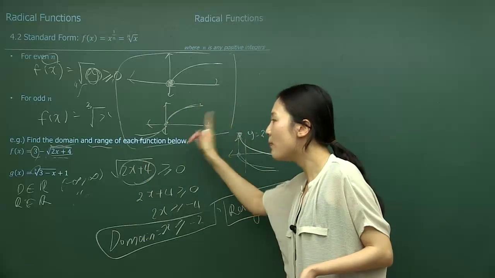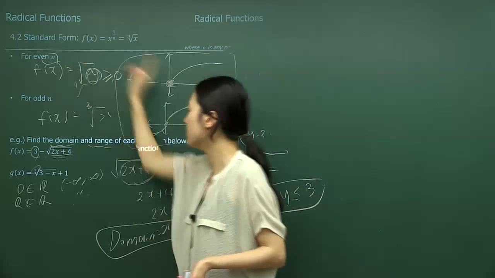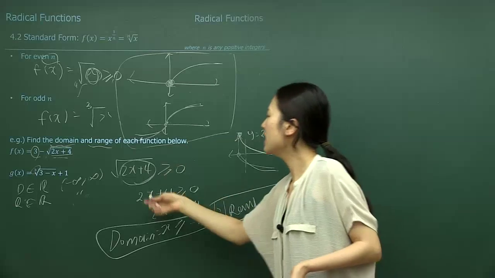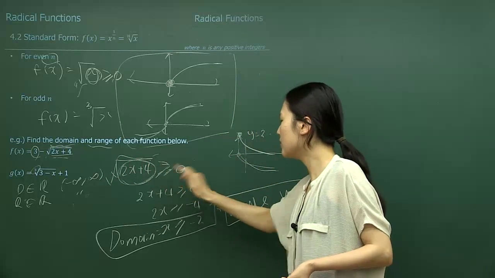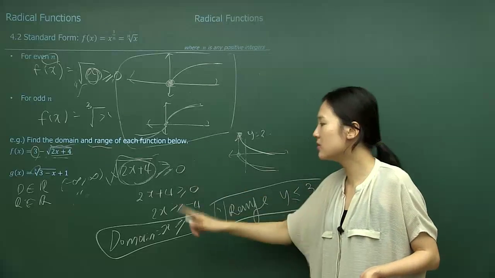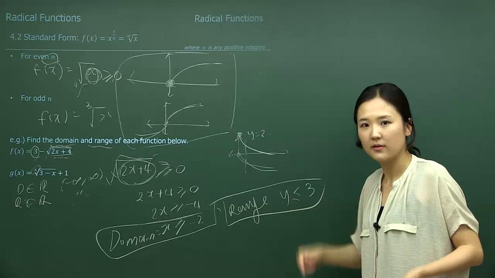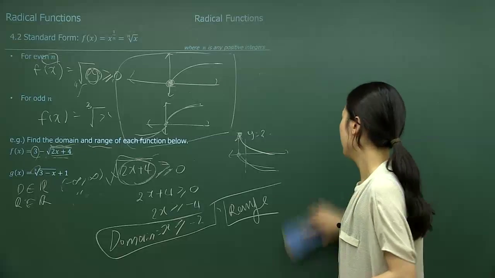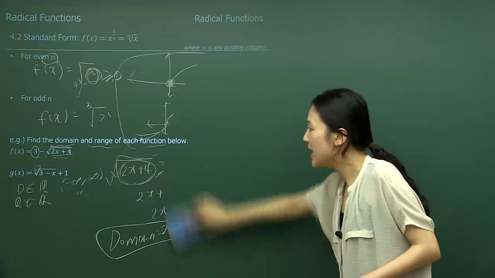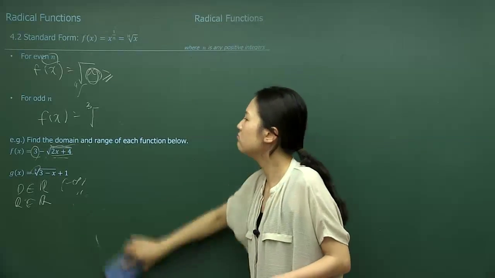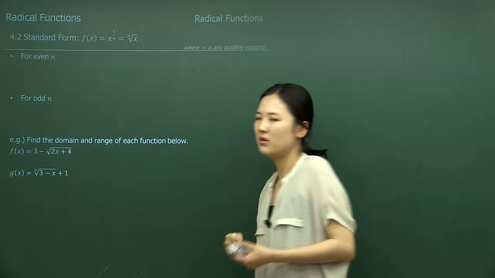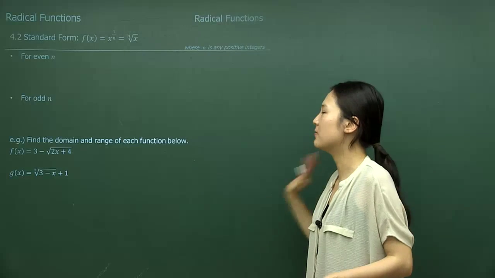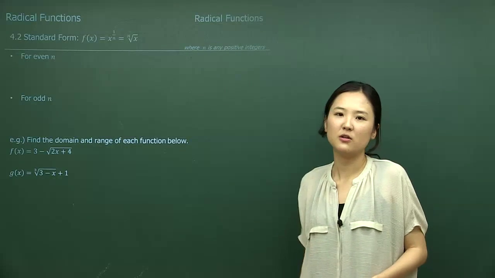For the domain, for the even radicals, let what is within the radical sign be greater than or equal to 0. Then solve the inequality. That's all you need to do. And for range, transformation is handy. Or you may just graph this in your graphing calculator and it will tell you.